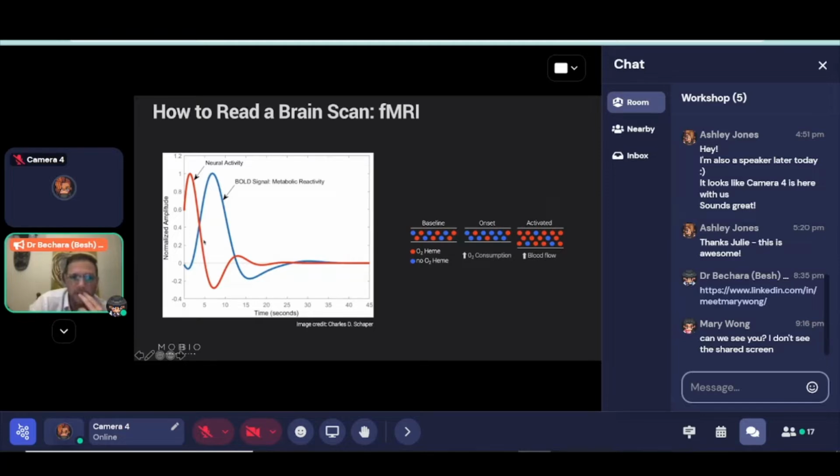This leads to a nice big signal like this. First there's a little dip, and then there's the nice big signal. That's your signature BOLD response. And then there's an undershoot afterwards, where you've also used up a lot of oxygen. So that's all the signal is.